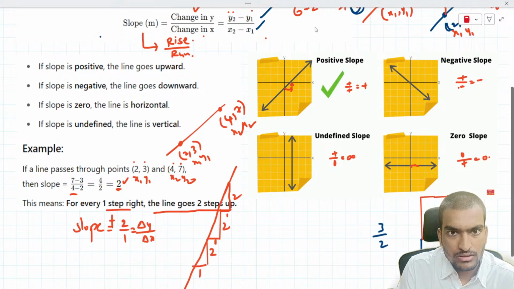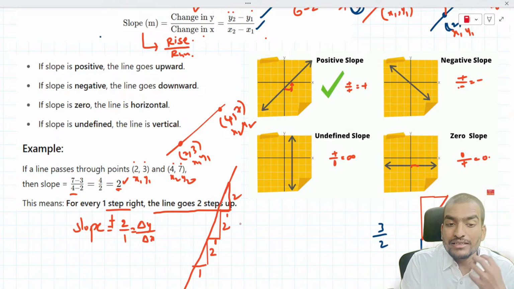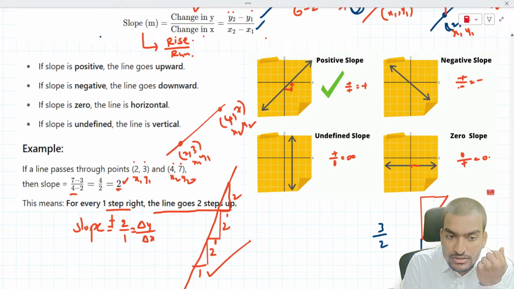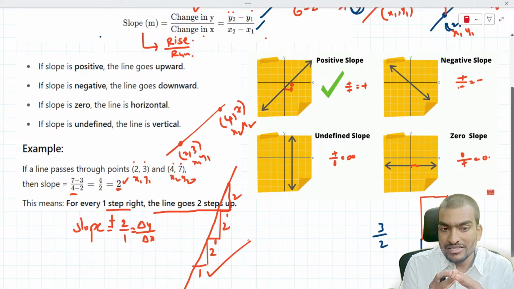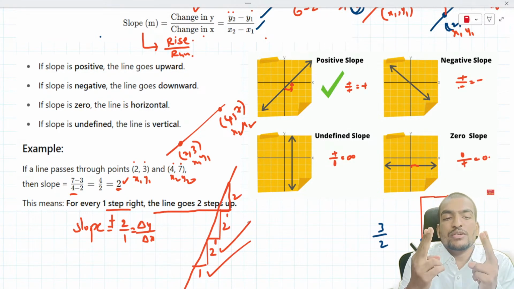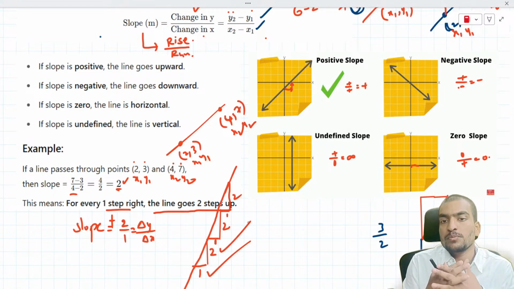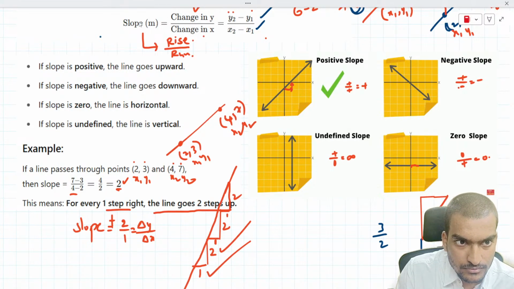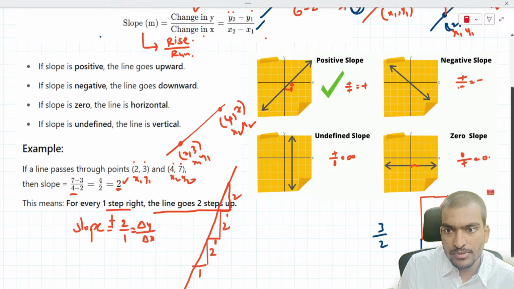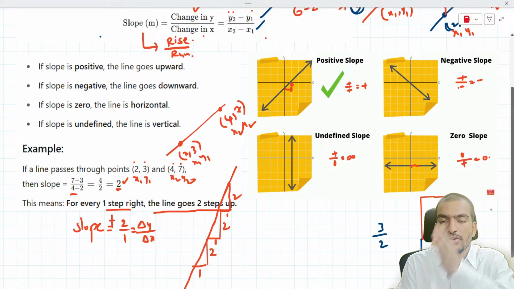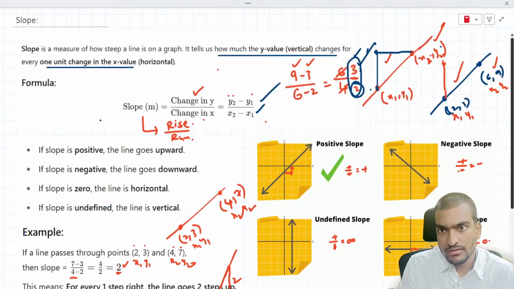For every 1 step right, which is 1 step of x, there is a change of 2 steps of y upward. This is what slope says to us. How steep? 1 step right, 2 steps up, that much steep.